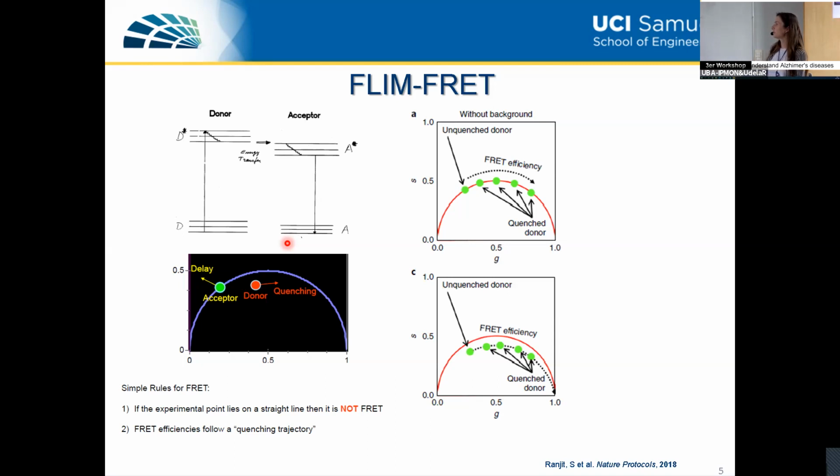Here we have two different possible scenarios for this quench trajectory. In the first one, if we have a monoexponential decay that lies on the universal circle, when the molecule is being quenched, it will go towards shorter lifetimes in the phasor plot. But if we have a fluorophore that has a multi-exponential decay and the point is inside the universal circle, we can perform FLIM FRET anyway. Just the trajectory is all inside the universal circle.